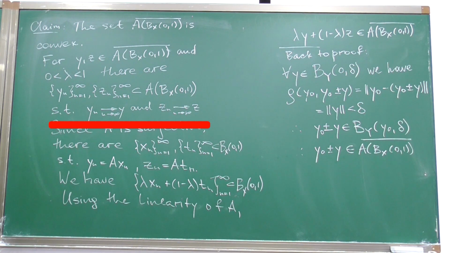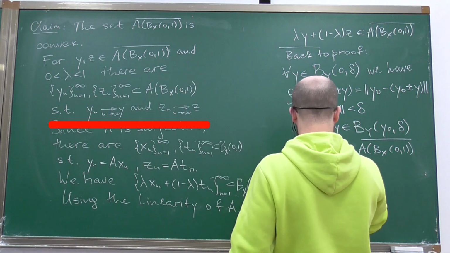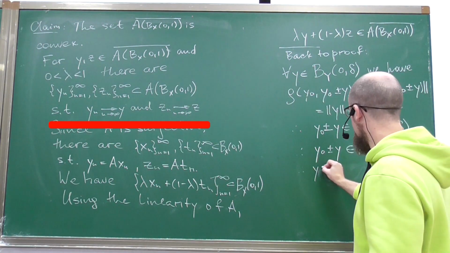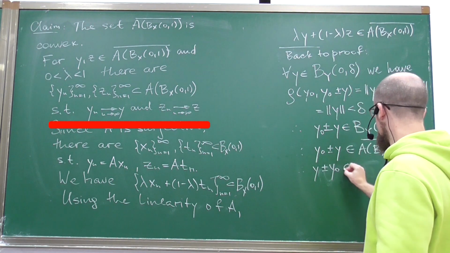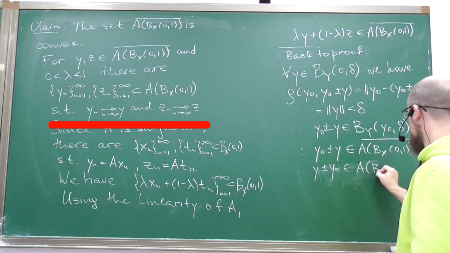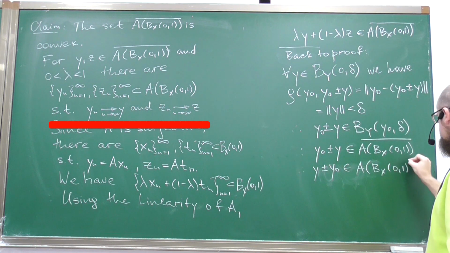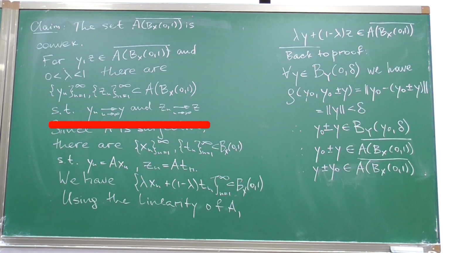And since we have proved that a point belongs to this set if and only if minus 1 times this point belongs to this set, I conclude that the points y plus y naught and y minus y naught belong to this set. Having this, we will use now the convexity of this set to show that the point y belongs to this set.